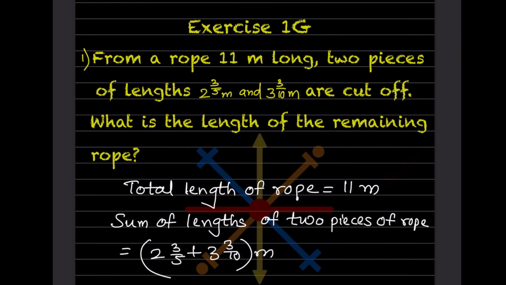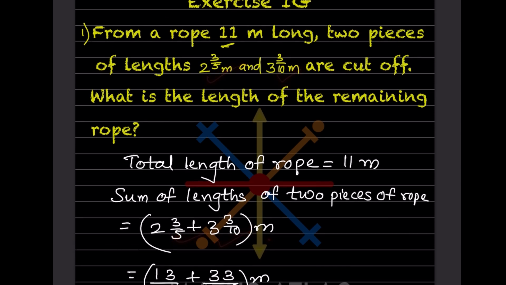So now, two pieces of length 2 integers 3 by 5 and 3 integers 3 by 10 means they are cutting the rope into these two pieces. So we can write the sum of lengths of the two pieces, in meters.